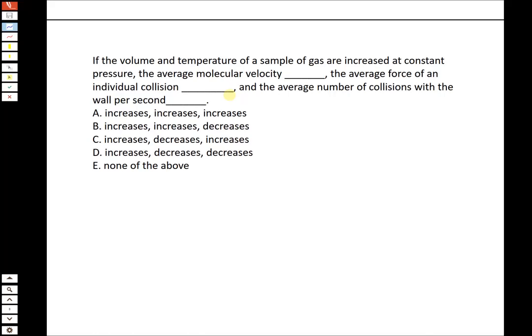So there's a few different concepts going on here, but basically what's at the heart of this is that the pressure in a gas is proportional to the product of the frequency of the collisions and then the force of those collisions with the wall.